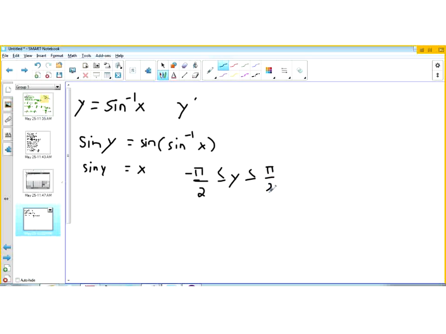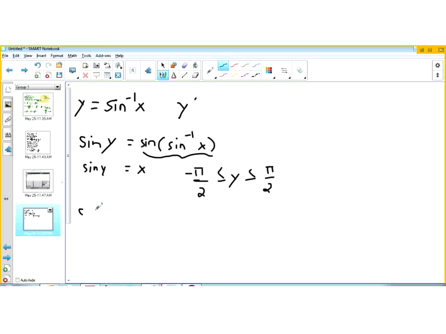Why is that? Because if we go past these values for y, then we lose our one-to-one advantage. It becomes many-to-one, and we can no longer do this inverse composition. So we have to restrict our y range to this. Now we're allowed to use implicit differentiation.